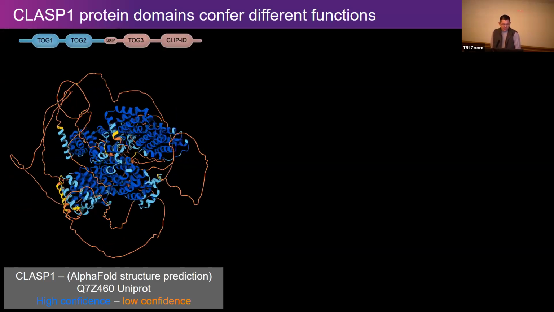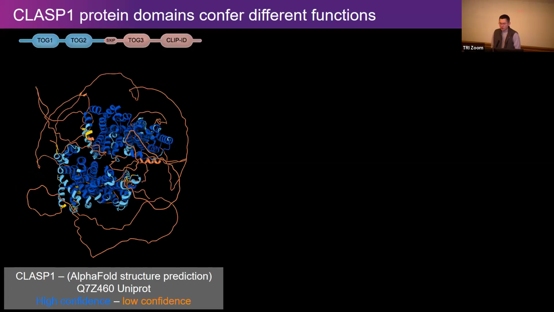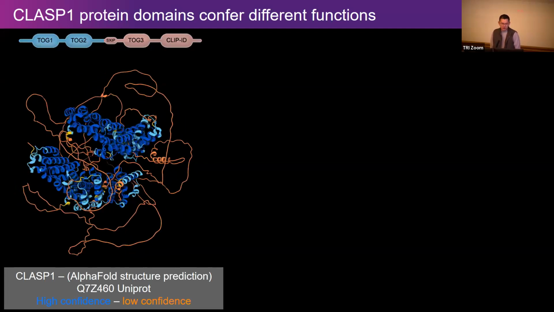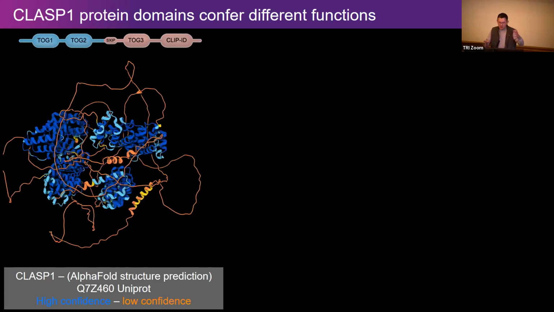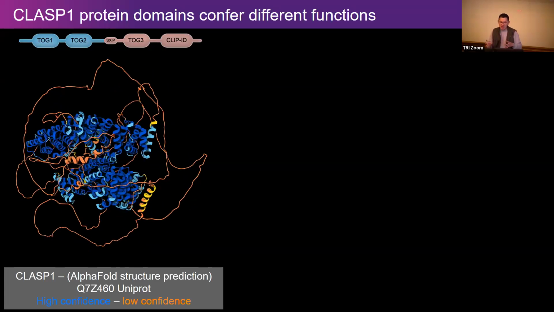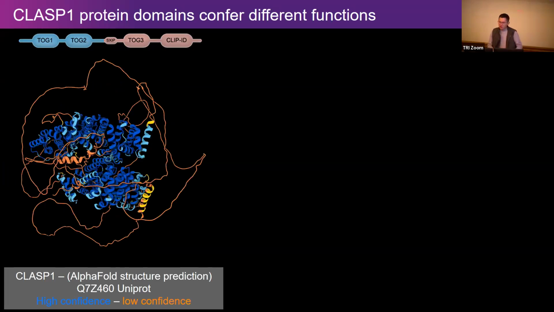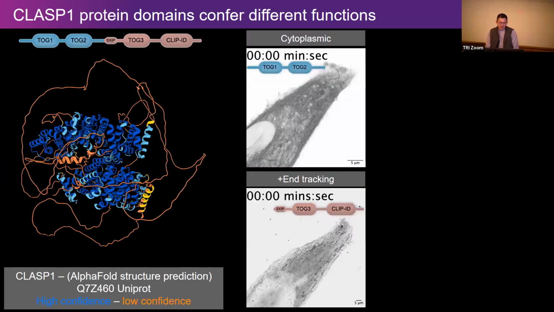And it's separated by this intrinsically disordered region, or this very flexible peptide region. And we think that it basically expands and allows all these domains to interact with different conformations of the microtubule lattice, thereby stabilizing it. And there's a lot of literature that suggests that the first 2 TOG domains are actually the ones that confer mechanical resilience to cells or to microtubules.